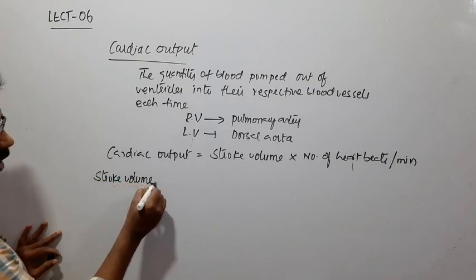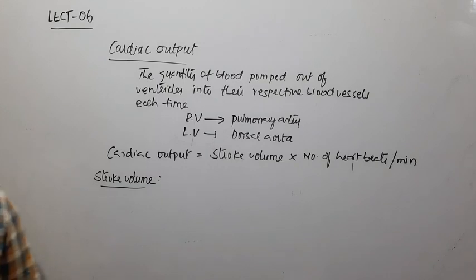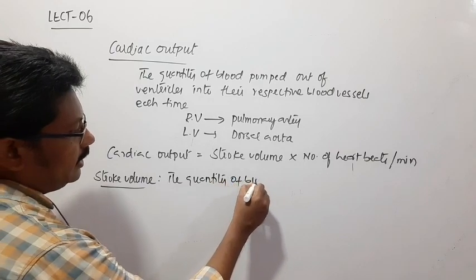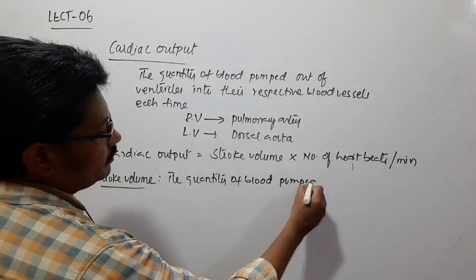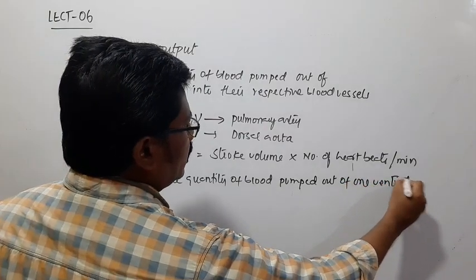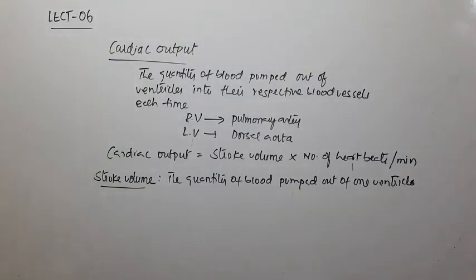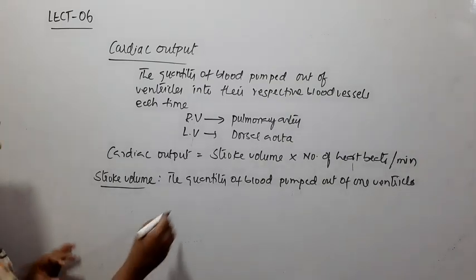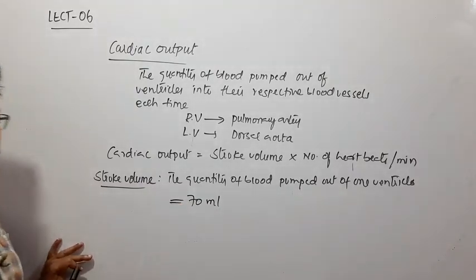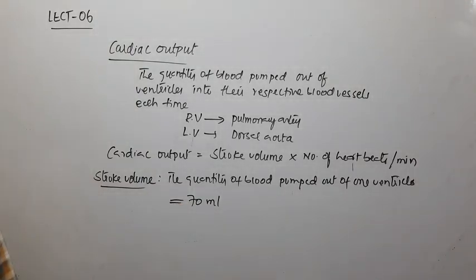The stroke volume is the quantity of blood pumped out of one ventricle. Usually both the ventricles pump around 70 ml. So the stroke volume is around 70 ml.